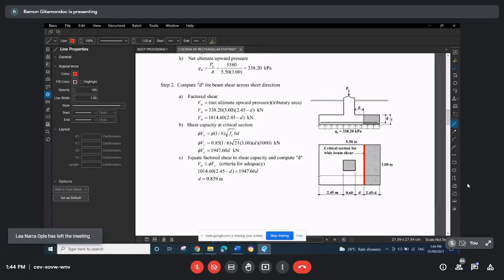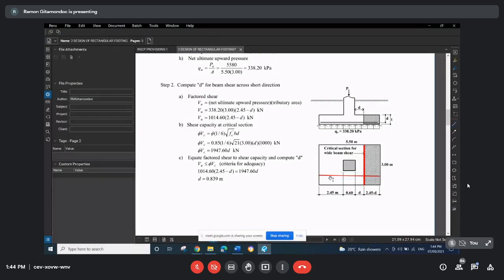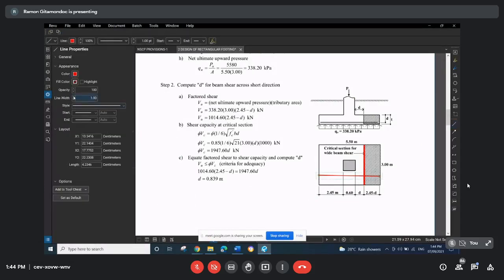Then we also have a possible wide beam shear failure parallel to the long side. Between these two possible failure planes, the failure plane parallel to the short side is more critical, because you have a narrower width and therefore a smaller resisting area.